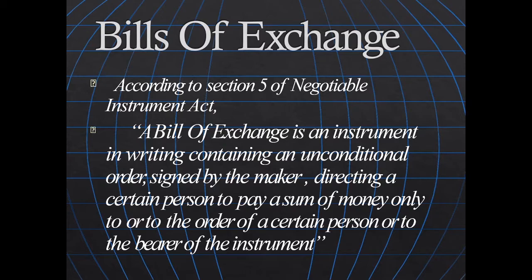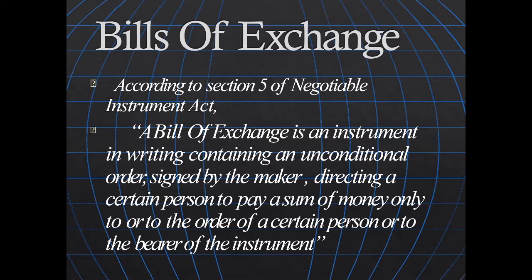The seller sold goods to the buyer and the buyer postponed the payment. For the postponed payment, he accepts a bill of exchange, which is written by the seller. In future, he is called the drawer of the bill.